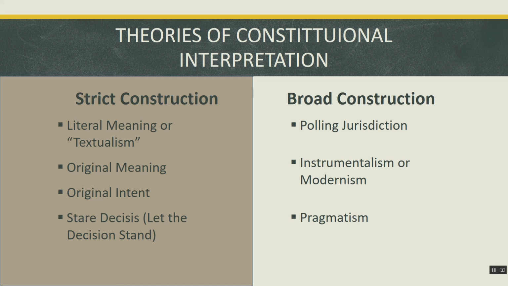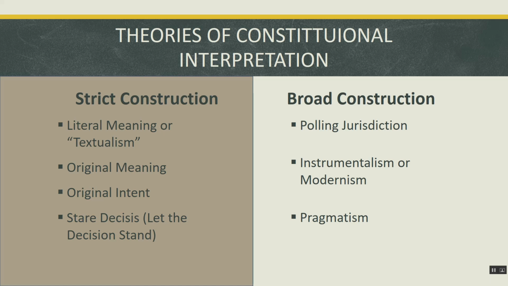So, for instance, some people have justified the Supreme Court's decision in Plessy versus Ferguson to uphold government-mandated racial segregation of private businesses by saying, well, at the time, that's what a lot of people in the public have wanted. That is an example of instrumentalism. They say we couldn't do that now because public opinion has changed, and so the courts have had to update their interpretation of the Constitution to reflect changing realities and public opinion.